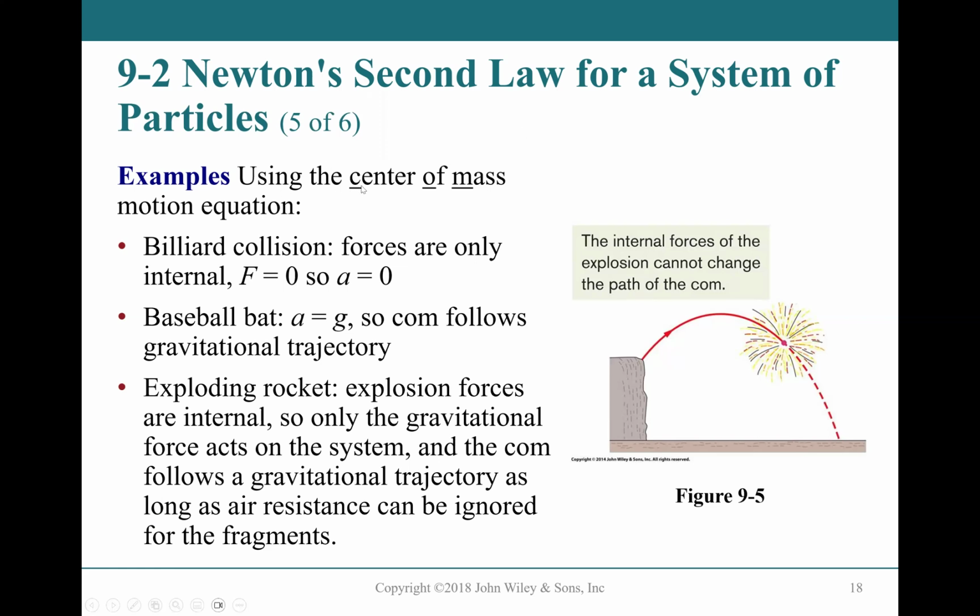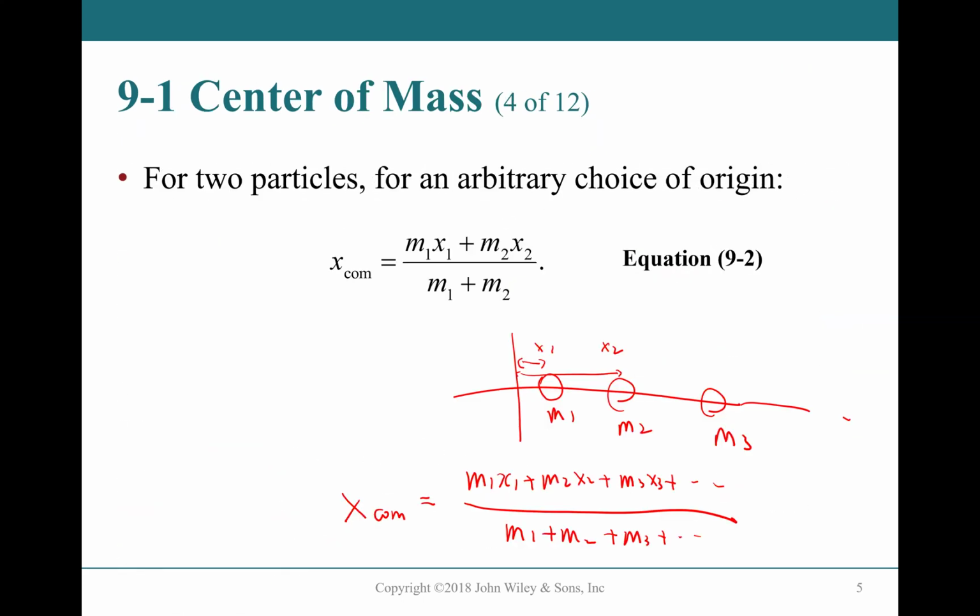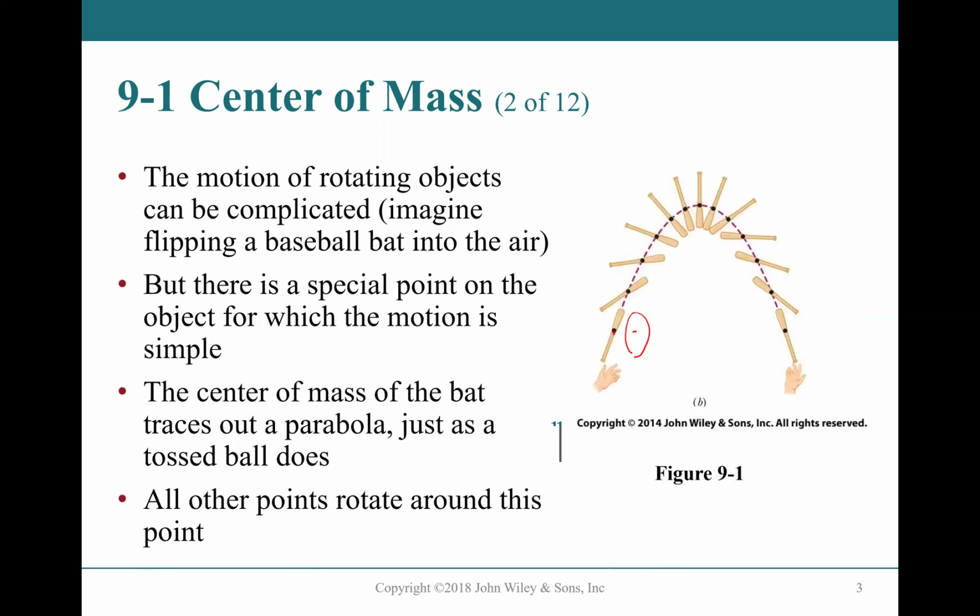Okay. So here, we are going to use the center of mass motion equation. So here we have a billiard collision. So forces are only internal. So for the system, your force equals 0, acceleration equals 0. And for the baseball bat, you saw the baseball bat before, this little guy here.